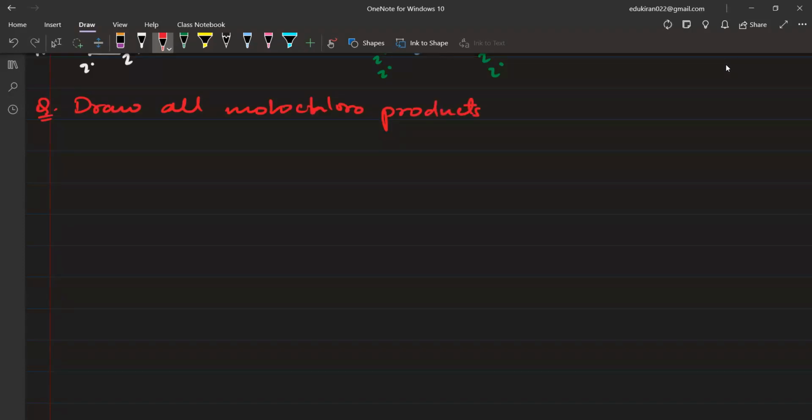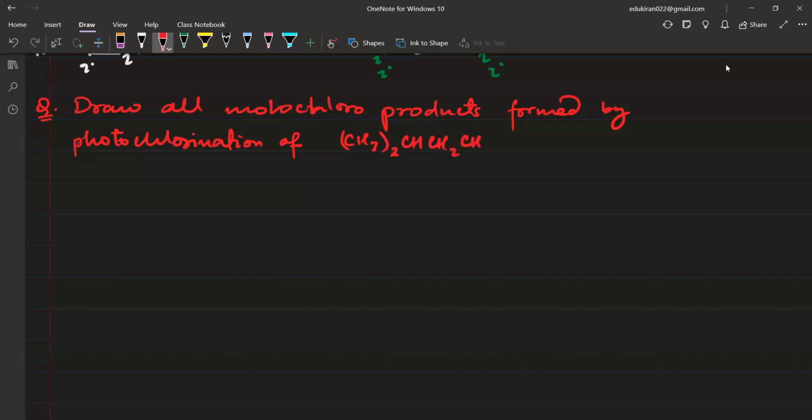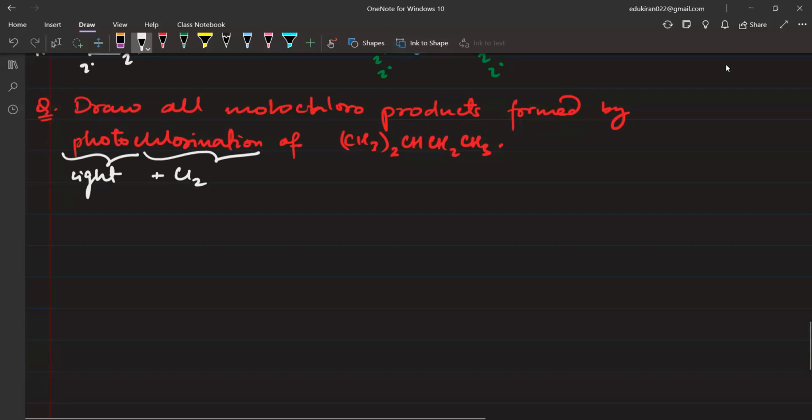Write all monochloro products formed by photochlorination of (CH3)2CH-CH2-CH3. Okay. So see, photo means light, and chlorination means Cl2. So photochlorination of this one.